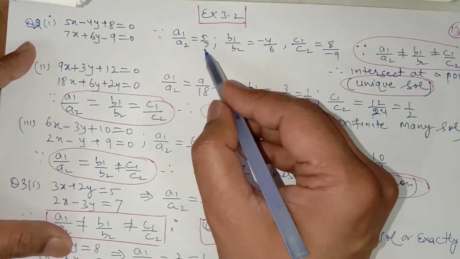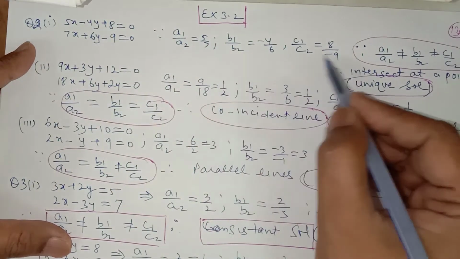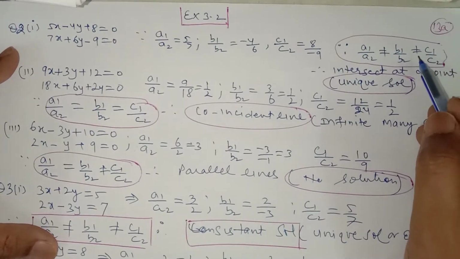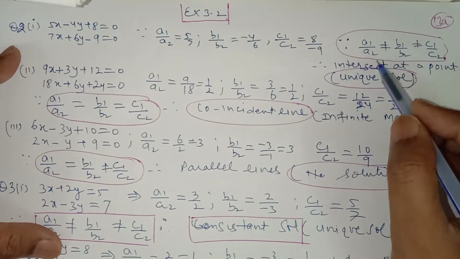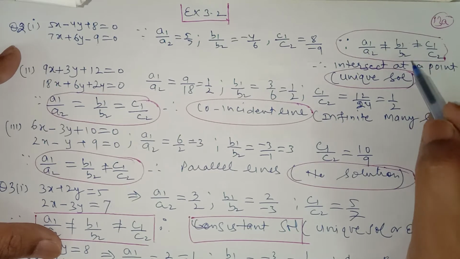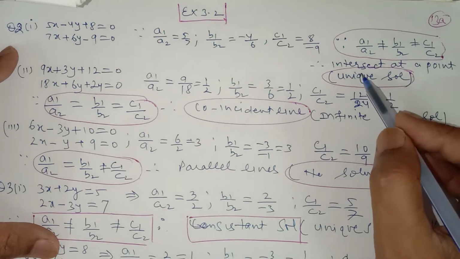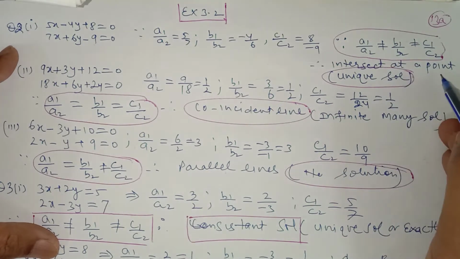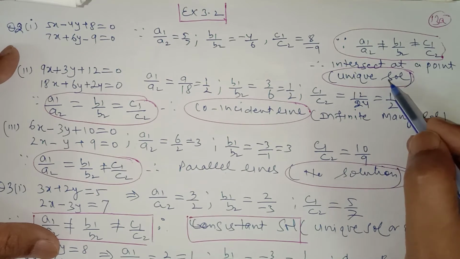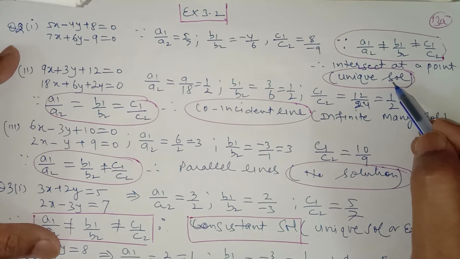If you see it clearly, all the ratios are not equal to each other, because a1 upon a2 is not equal to b1 upon b2 is not equal to c1 upon c2. So they will intersect at a point. That is, the graph of these two straight line equations will intersect at a point, or it will have a unique solution, or we can say that it is a consistent solution.